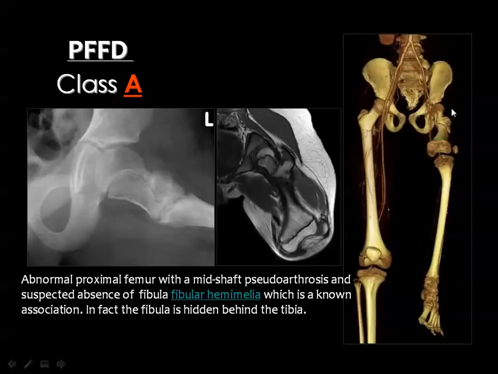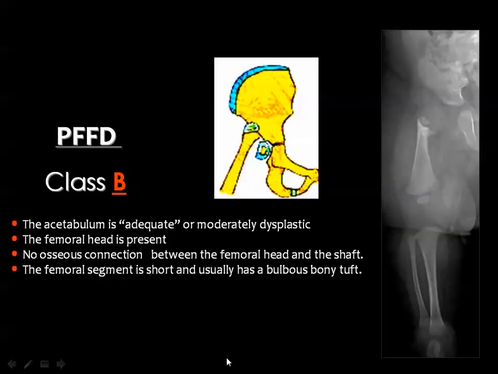The femur is very short compared to that on the right side. Also, one of the associations of this disease is absence of the fibula, but in this particular example, the fibula is hidden behind the femur.